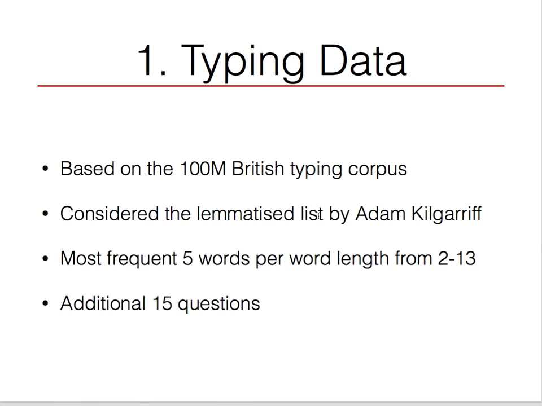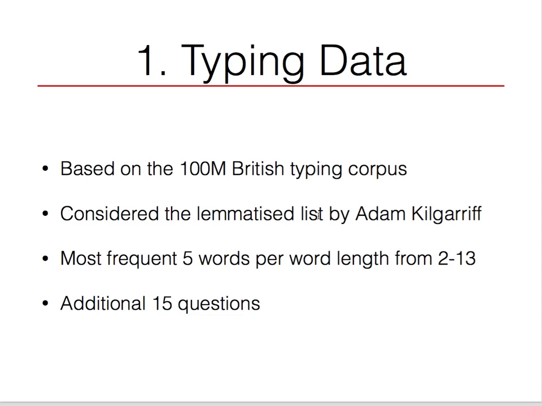The typing data was gathered from the 100 million British typing corpus, specifically a lemmatized list by Adam Kilgarriff, who generated statistics for the frequency of terms. What we've done is we have taken the 5 most frequent terms per length from 2 letter words till 13 letter words.